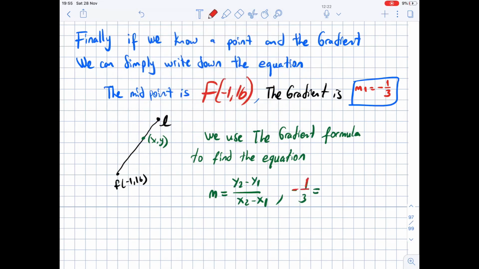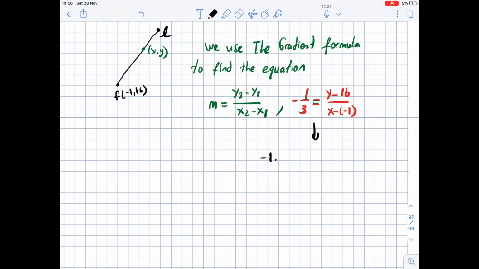So if I choose a point on this line segment, F and L, then y minus 16 divided by x minus negative 1. I have to use parentheses, otherwise I may make a mistake. Okay, everybody, I'm going to use cross multiplication.